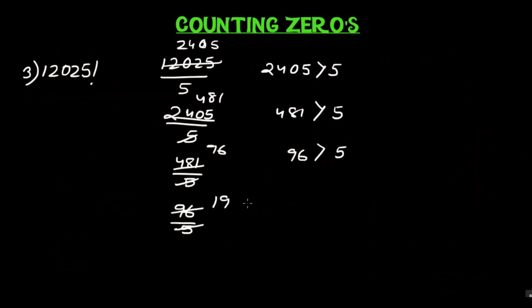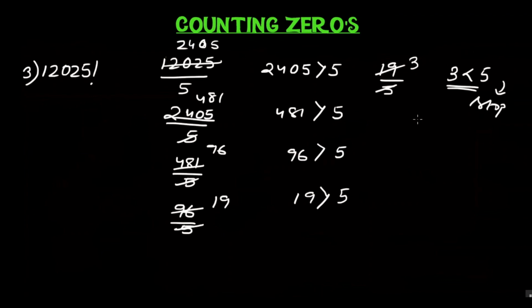So we'll get 19 point something, but we'll take the integral part only. So it's going to be 19. 19 is again greater than 5. So 19 by 5 gives me 3. Now 3 here is less than 5. As soon as we reach an integral part which is less than 5, we will stop. Now let's add all the integral parts, that is 2405, 481, 96, 19 and 3.